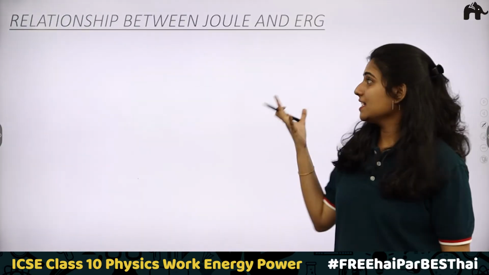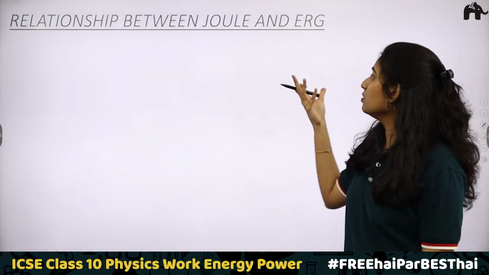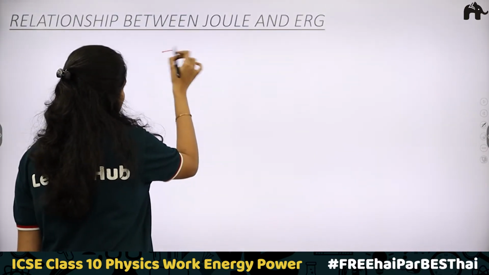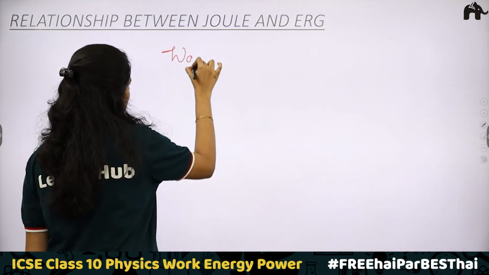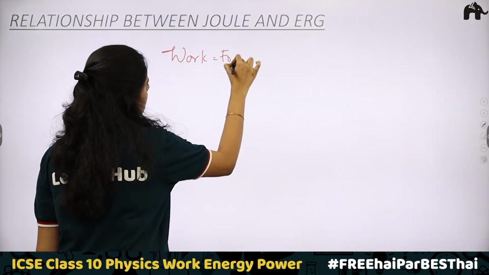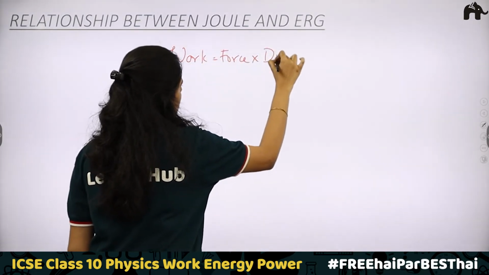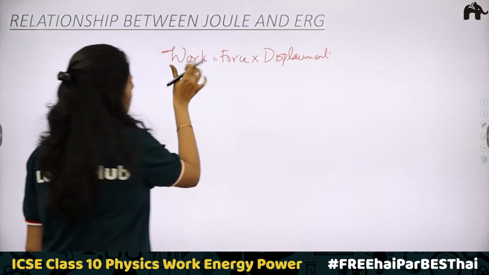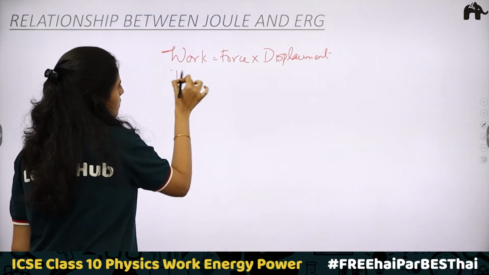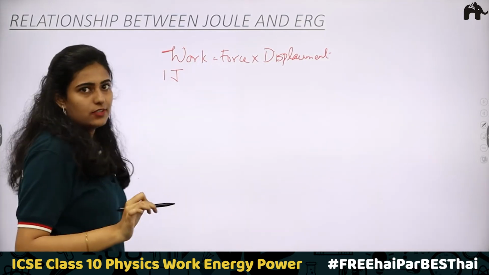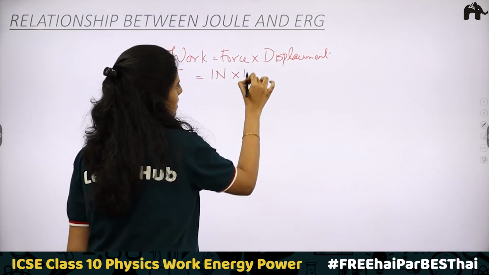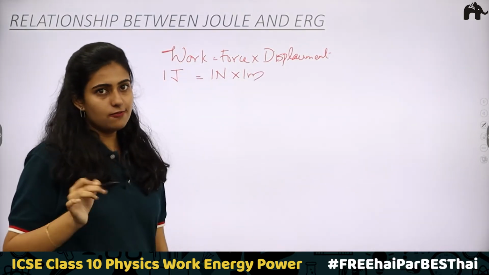Clear? Next, let us see what is the relationship between joule and erg. Work is equal to force into displacement. What is the unit of work? Joules. 1 joule of work is when 1 Newton force displaces a body through a distance of 1 meter.